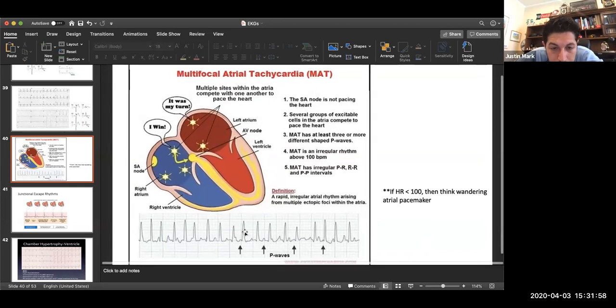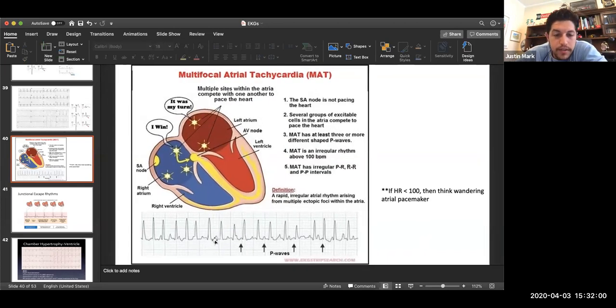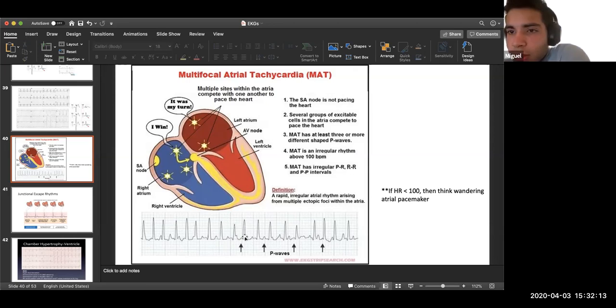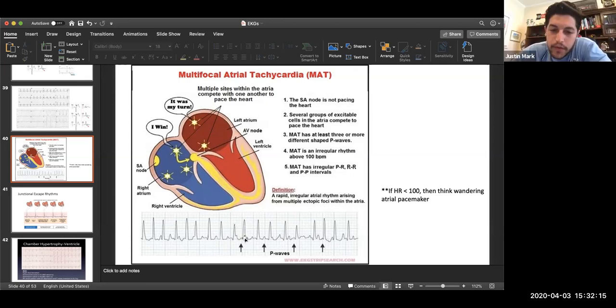But maybe find a really discernible P wave and trace it. So that would be a P wave, QRS, T, and then maybe there's a P wave there, and then QRS, and then T, and then P wave. You know what I'm saying? So try to find one that you know for sure would be a P wave and then make your way through. But it's kind of tough sometimes.